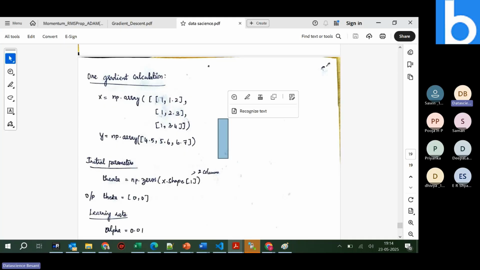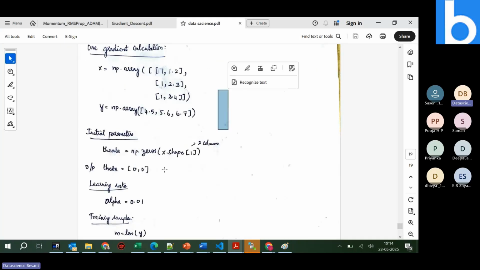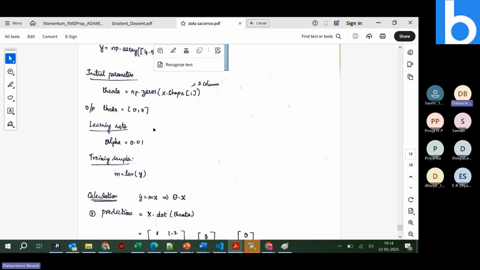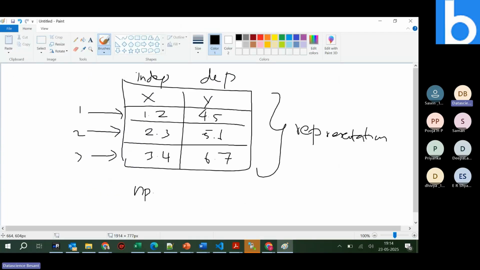If you see down in the initial parameters, I have taken theta is equal to np dot zeros of x dot shape of 1. I know it is difficult. What does that x dot shape give you? What does the shape function generally give you?